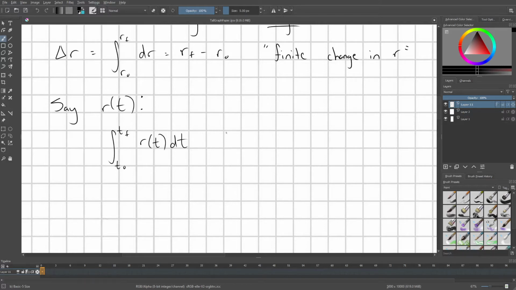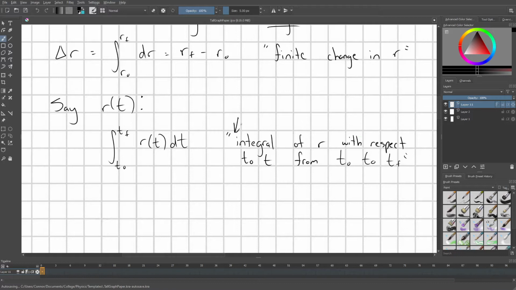This would translate to, in English, my integral of r with respect to t from t naught to t final. And really, if we wanted to be extra precise here, this is the definite integral because it's on a defined region.